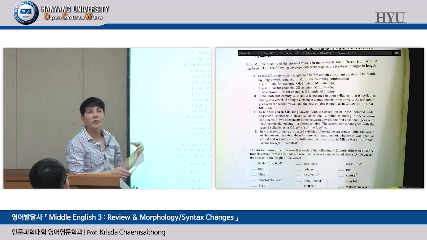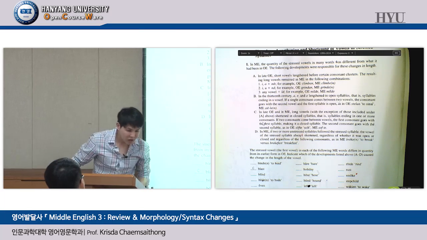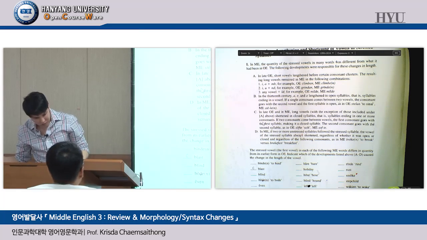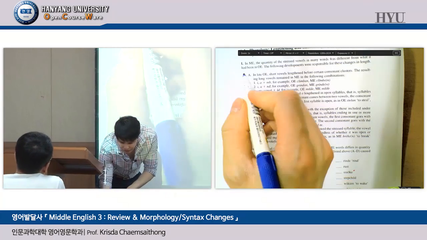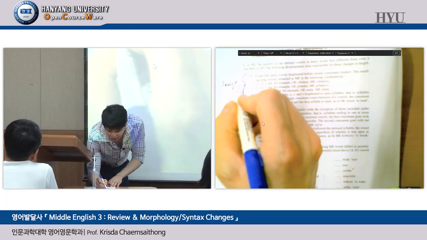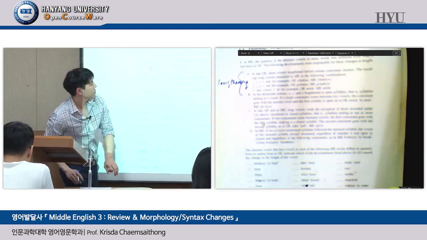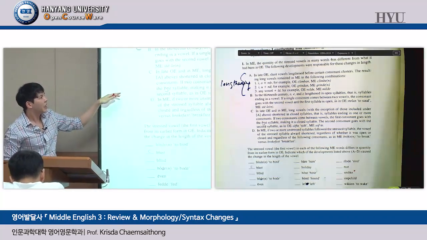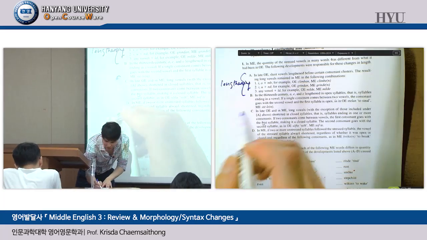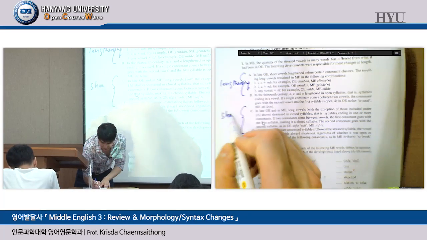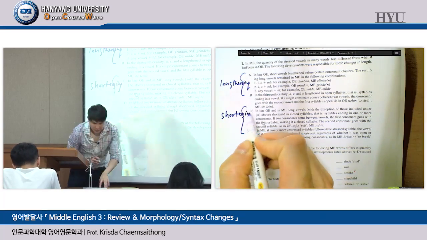In open syllables, vowels get lengthened. So in A and B, these are lengthening, right? And in C and D, these are shortening conditions, right? So conditions for shortening, that we just talked about.